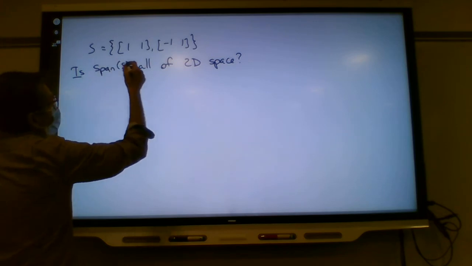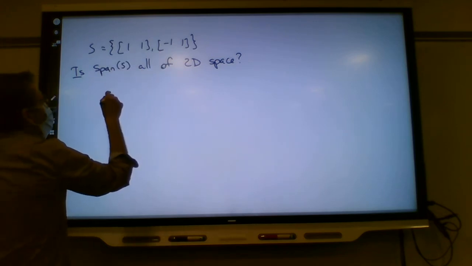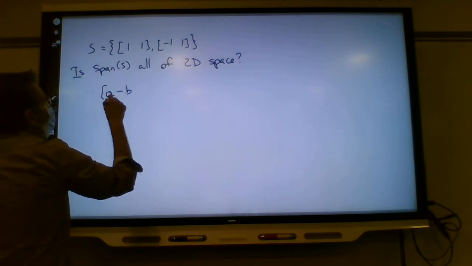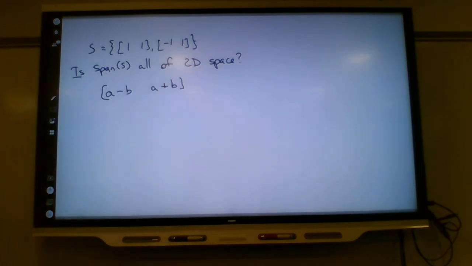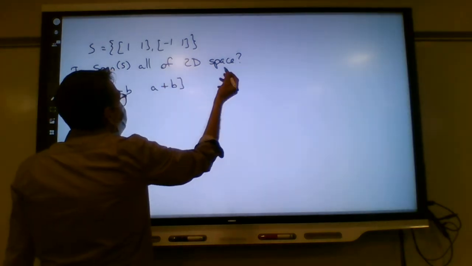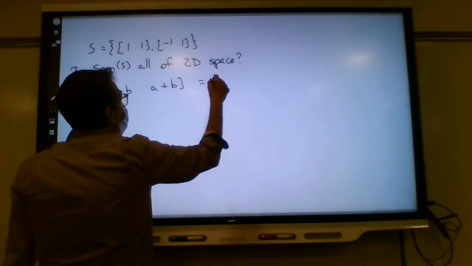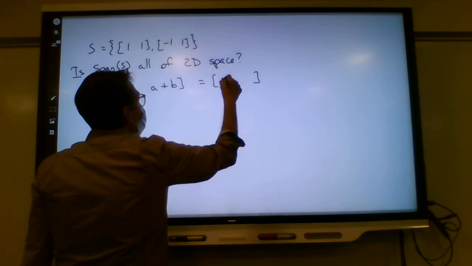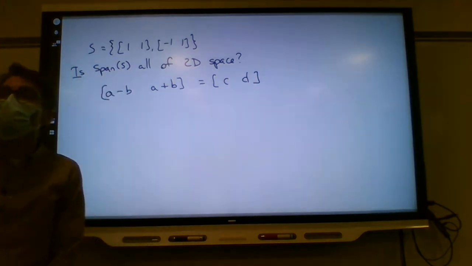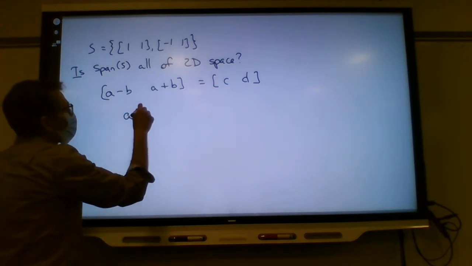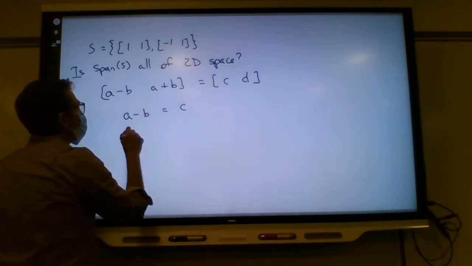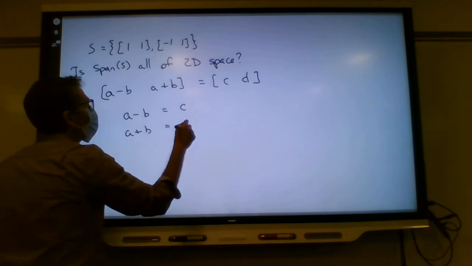Well, again, let's think about what happens when you create a linear combination here. We had this, and the question is, can we create any other vector that we like? So can we create any vector CD that we want? Well, let's see what would happen. So a minus b would have to be c, and a plus b would have to be d.